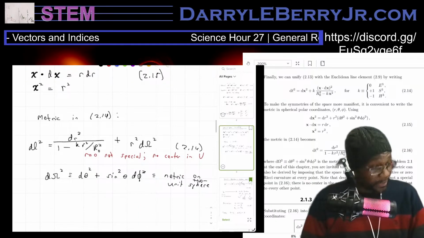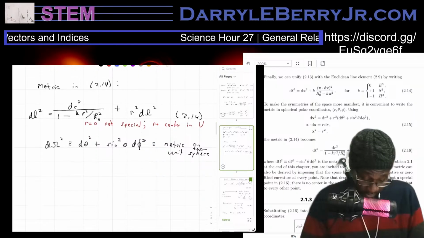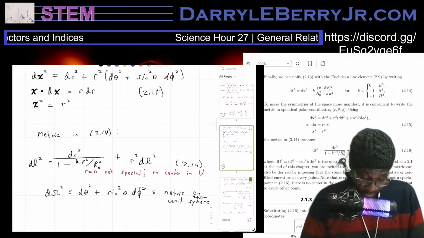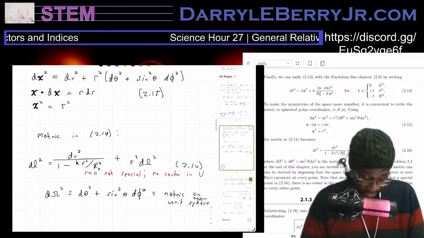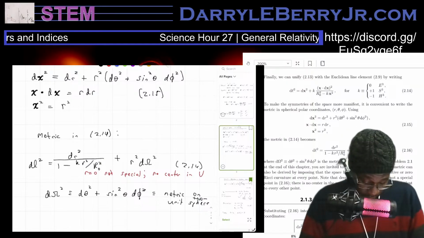Plugging this in, we get dl squared is that, and they denote this entire last part as d omega squared.